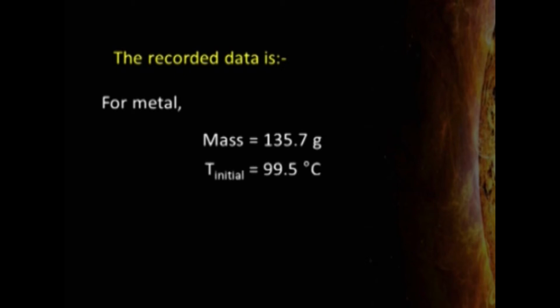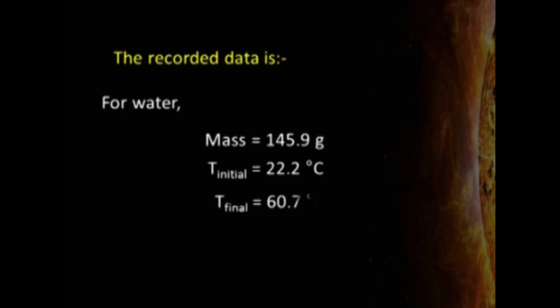The recorded data is for metal mass equal to 135.7 grams, initial temperature equal to 99.5 degrees Celsius and final temperature is equal to 32.4 degrees Celsius. For water, mass equal to 145.9 grams, initial temperature equal to 22.2 degrees Celsius and final temperature is 60.7 degrees Celsius.